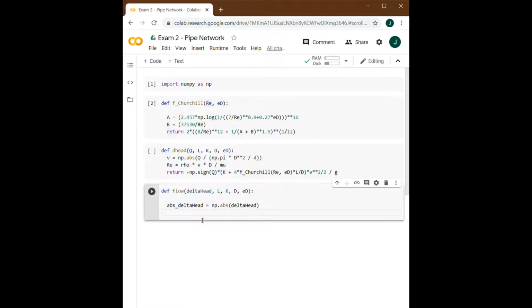Now we're going to add another little functionality where if this absolute delta head value is less than 1 billionth, we're just going to set it to 0.